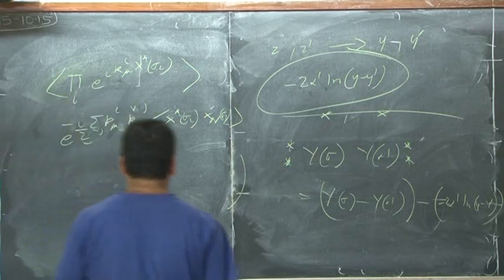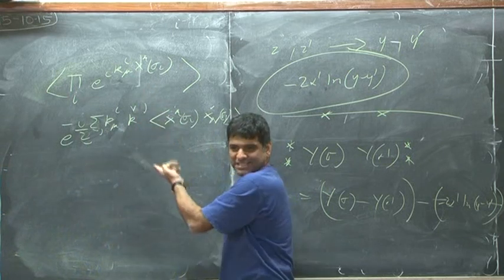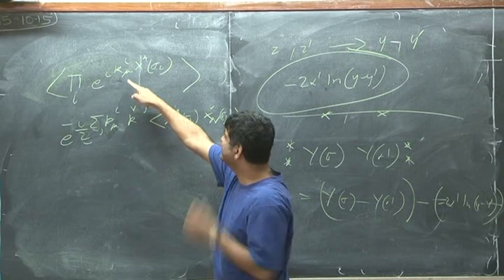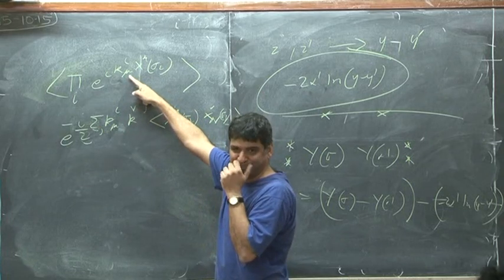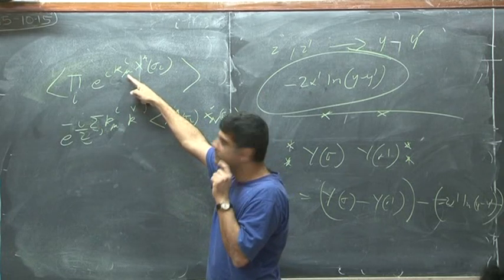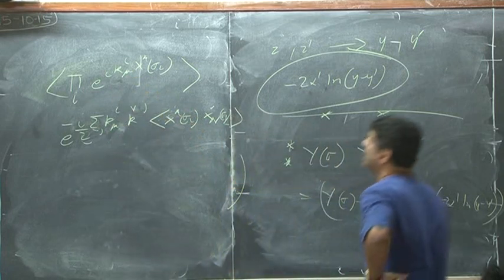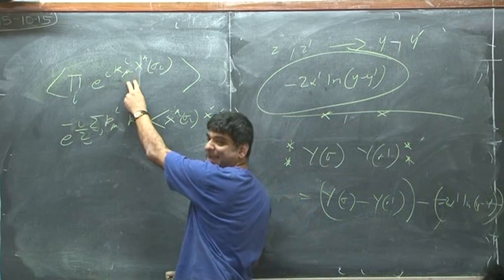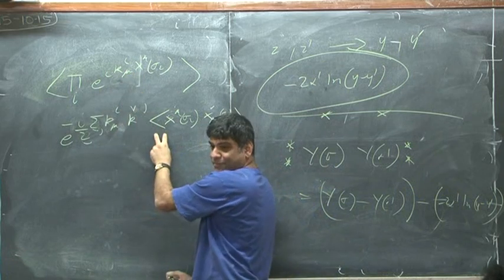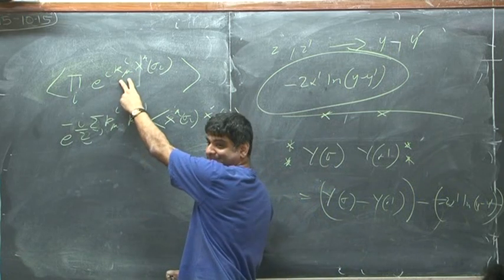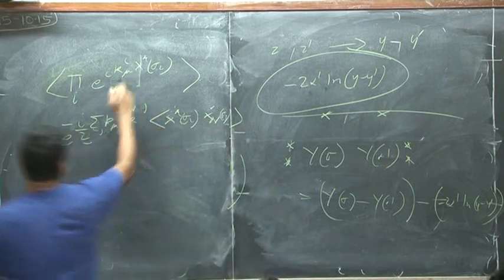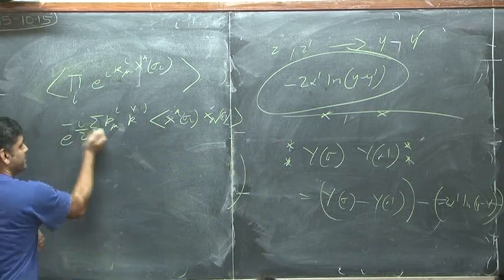This is just coming from completing the square. One way of remembering the factors is to Taylor expand this. If we Taylor expand this, the first term should give us the Taylor expansion of this. So let's Taylor expand this just to check we got the factors right.